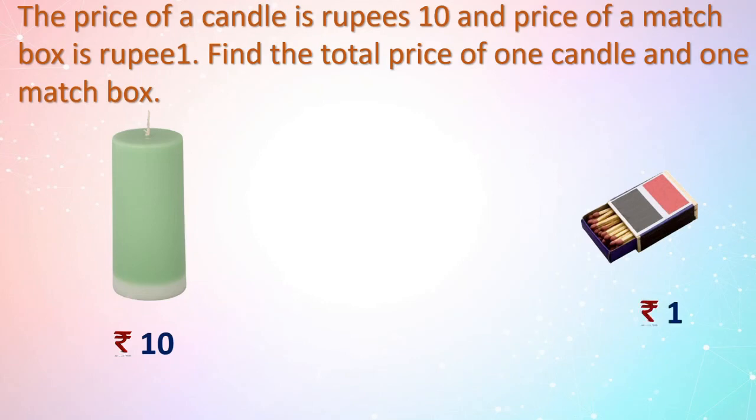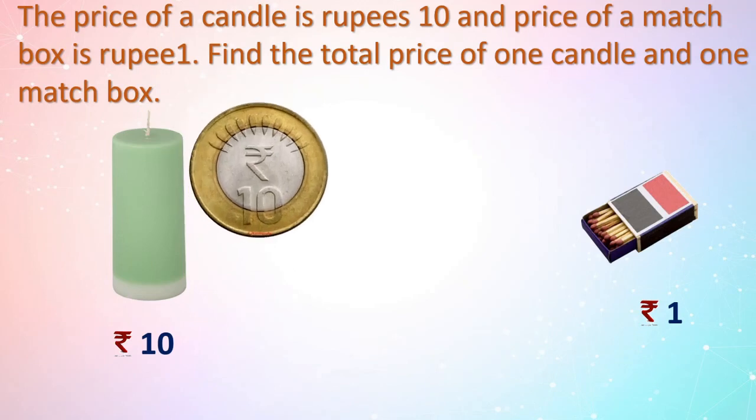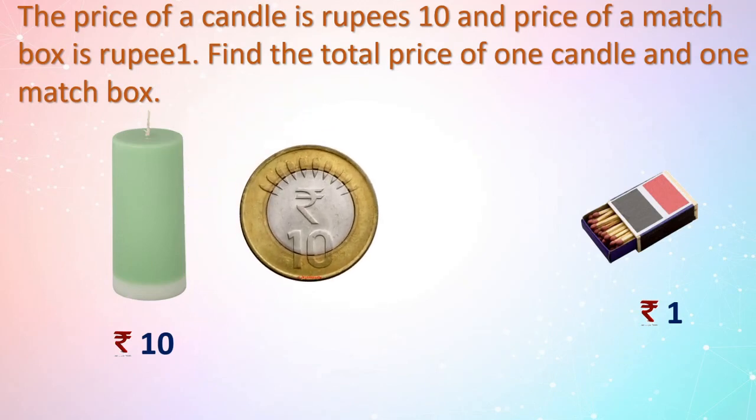Okay. Now the girl purchased both the candle and the matchbox. Okay. How many rupees she has to pay for the shopkeeper? Yes. The price of the candle is 10. Okay, 10 rupee one coin. And the price of this matchbox is rupees 1.